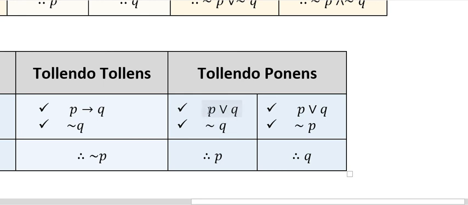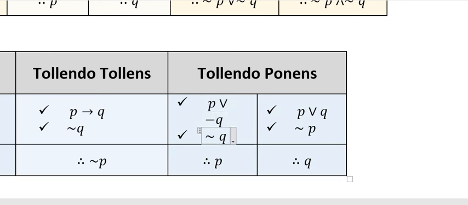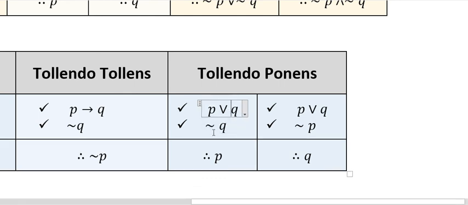The requisites are, you need to have an or and the opposite of one of them. If you have an or and you have the opposite of one of them, then you can copy the other one. Some people say, I cancel this one and I copy the other one.